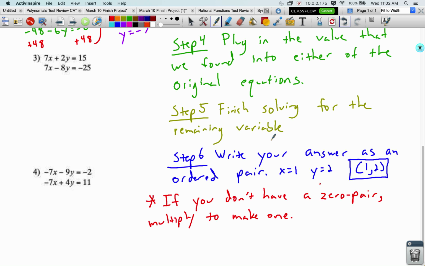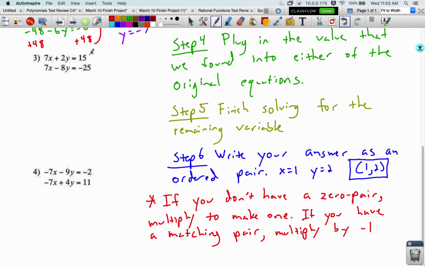And these are still pretty easy cases because of that identical pair. So if you have, we'll just call it a matching pair, if you have a matching pair, multiply by negative 1.